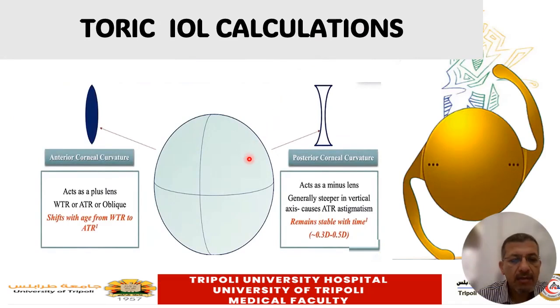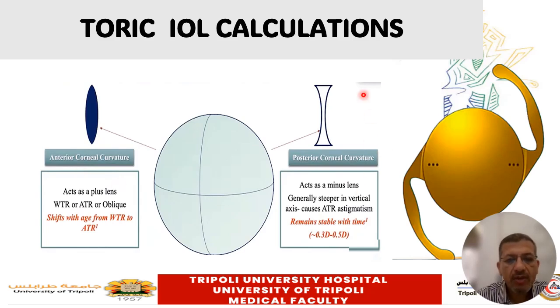In this diagram, I will show the relation between the anterior surface of the cornea and the posterior surface of the cornea. The anterior surface of the cornea acts as a positive lens, and the majority of people have with-the-rule astigmatism. That's the vertical meridian is steep as compared to the horizontal meridian, and usually this with-the-rule astigmatism changes with age, and by the age of 50 and more, it changes to against-the-rule astigmatism.